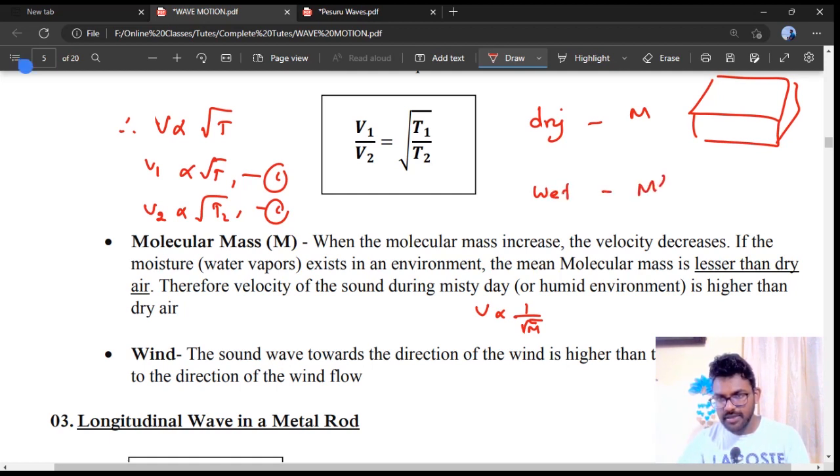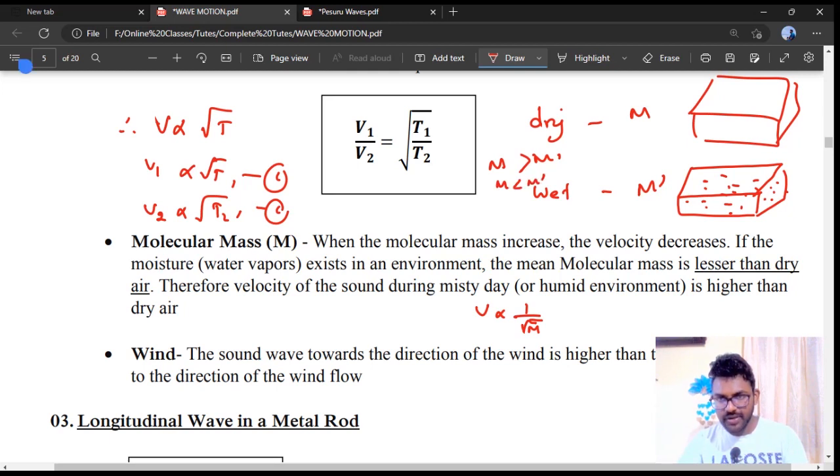It has humidity, that means it has more water particles, right? So the question is whether M is greater than M dash or M is lesser than M dash.